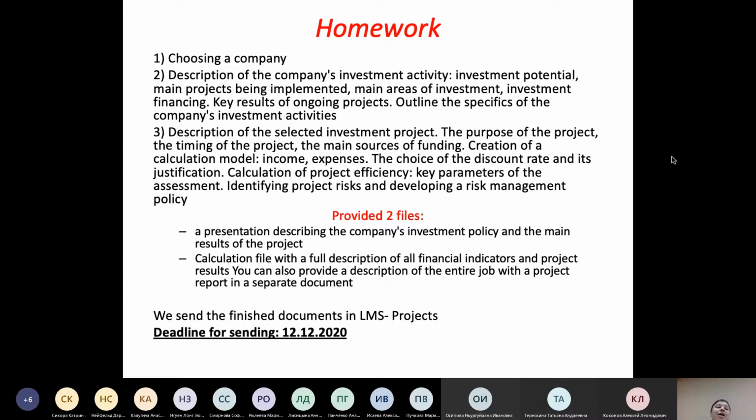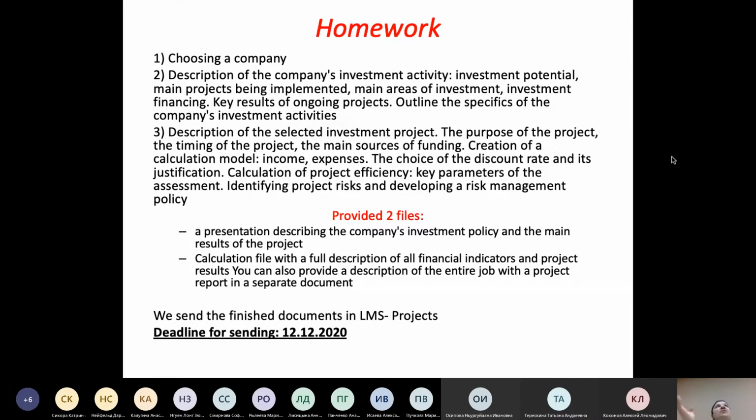And then you have to calculate the project efficiency, using key parameters which we studied earlier, such as static and dynamic parameters for an investment project.